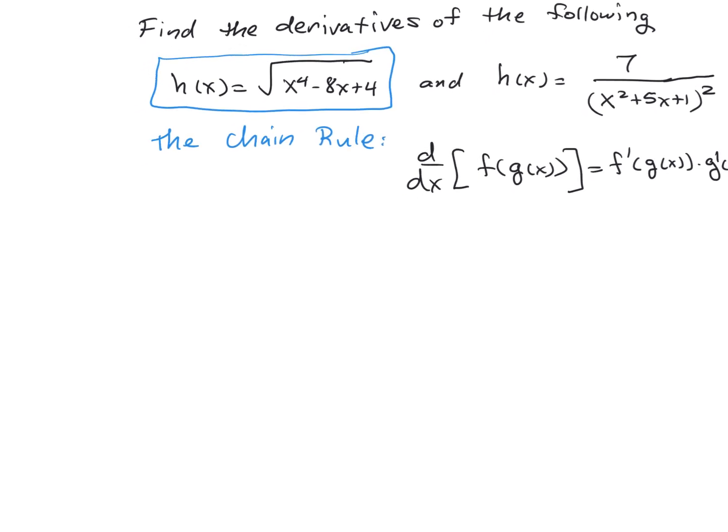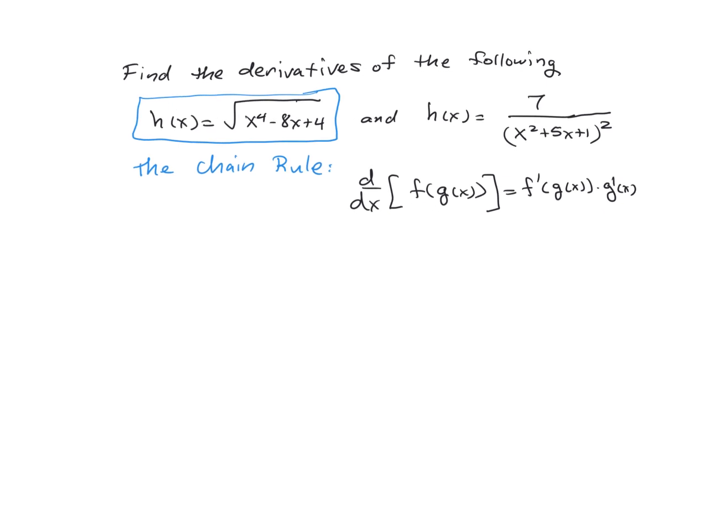For this function, to take the derivative, we're going to want to make sure that we are using the proper exponent. So this is x to the fourth minus 8x plus 4, all raised to the 1/2 power. So when we find the derivative, we're going to be using the power rule and thinking of the outside function as the 1/2 power and the inside function as our polynomial x to the fourth minus 8x plus 4.